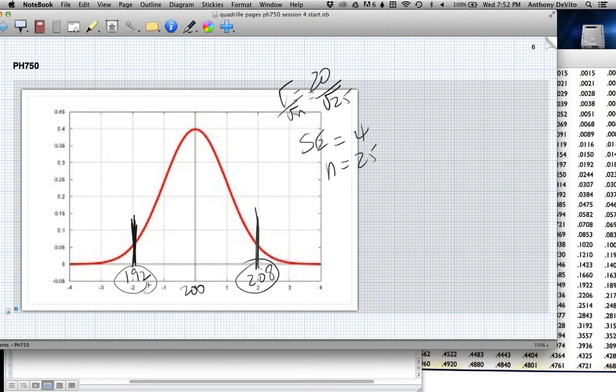That would not happen very often. So that's the key here. That's why we're learning about standard error, because we want to be able to make predictions about the relationship between a sample, its mean and distribution, compared to the population mean and distribution. Because we sample; the population we don't know most of the time.